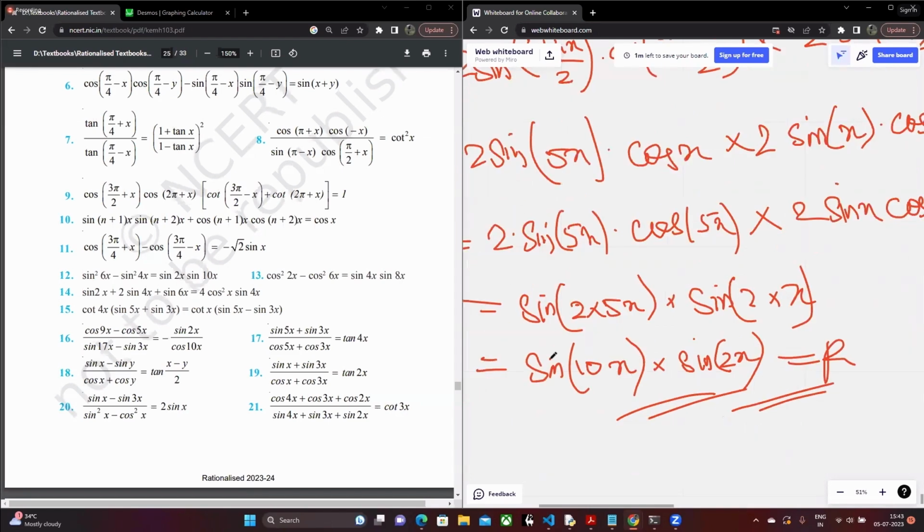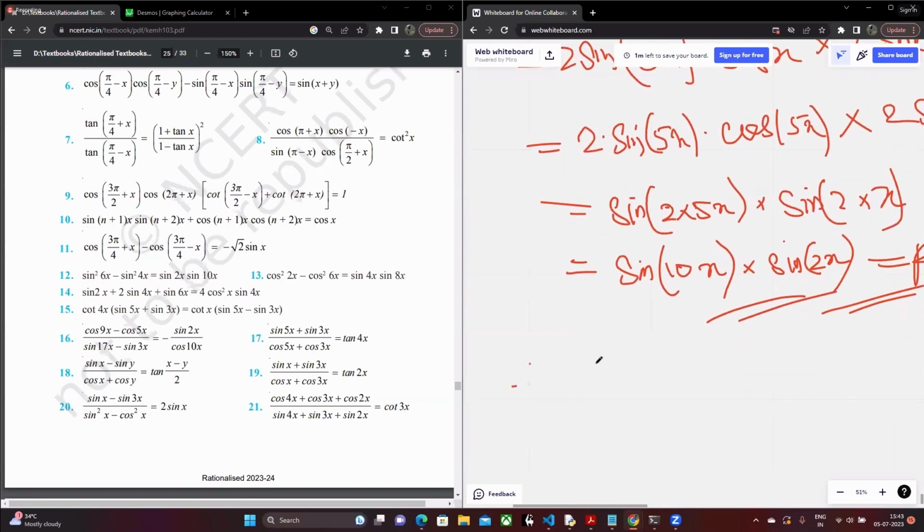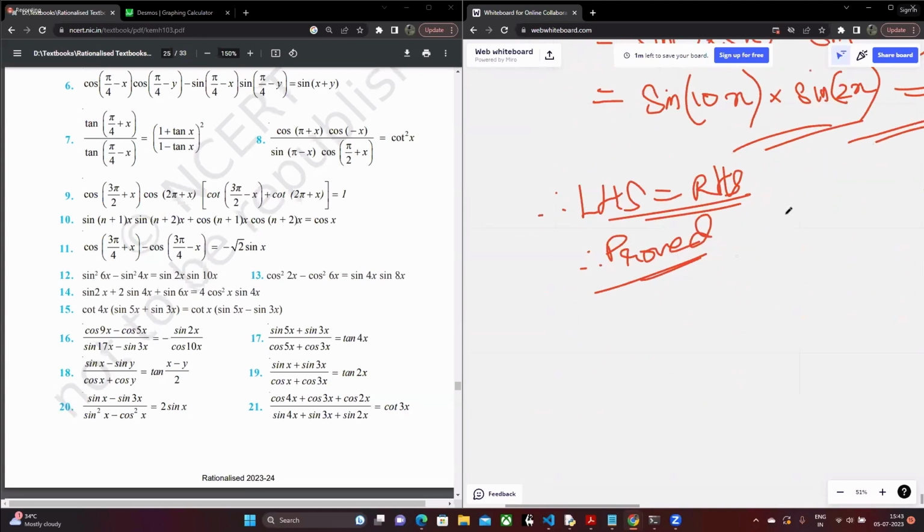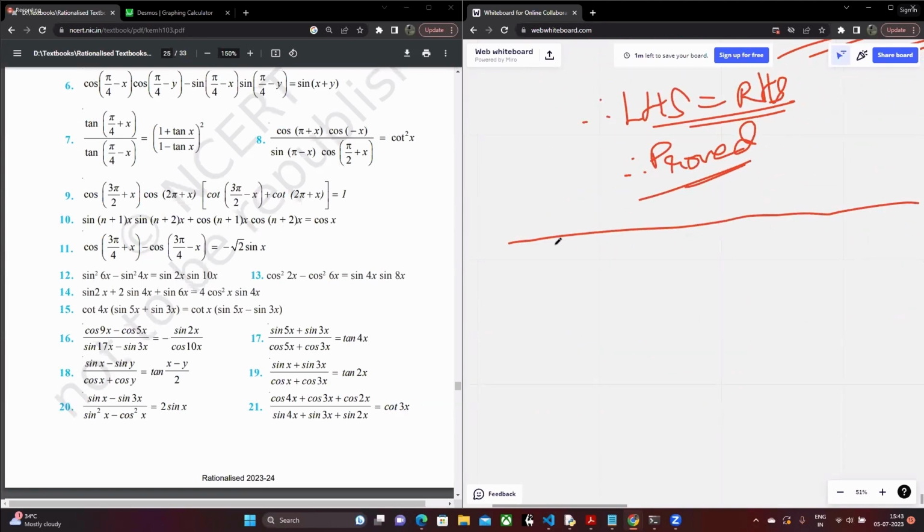Therefore, I can state that LHS is equal to the RHS. Therefore, I have proved the statement. That's question number 12 done.